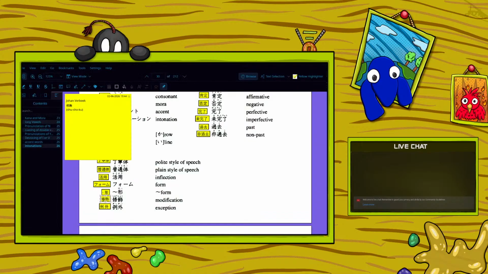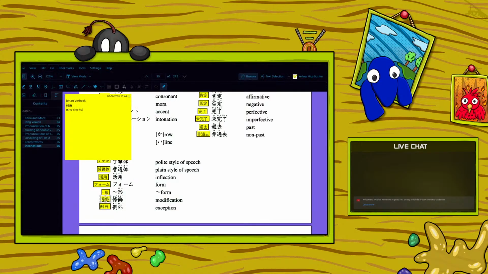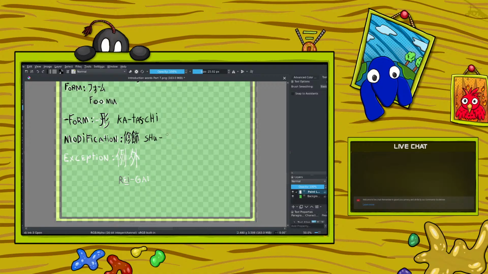Alright, time to see. Oh yeah, the modification is shushoku. Yeah, shushoku. Shu. Shu. Shu. Shoku. Shushoku.